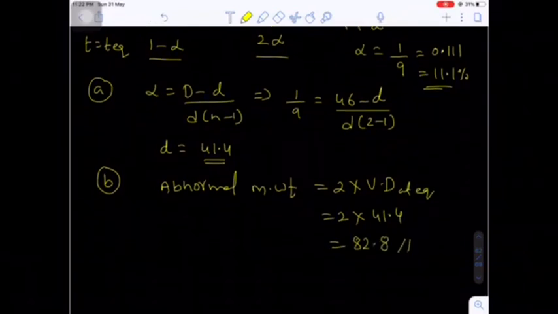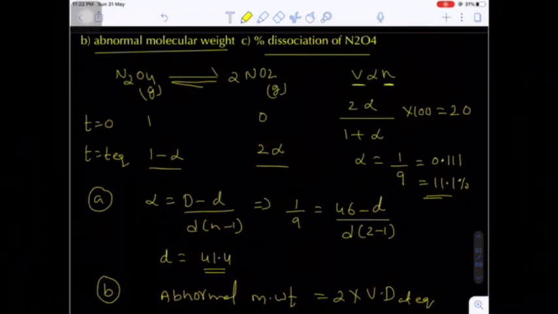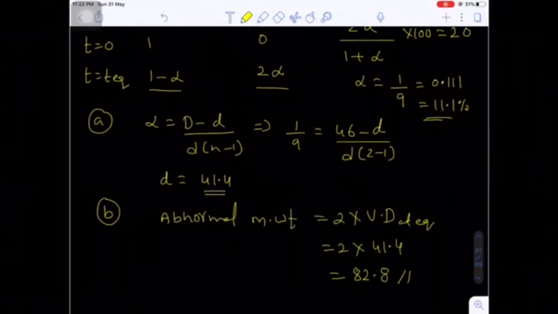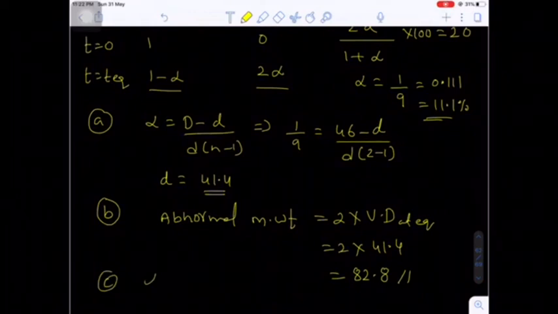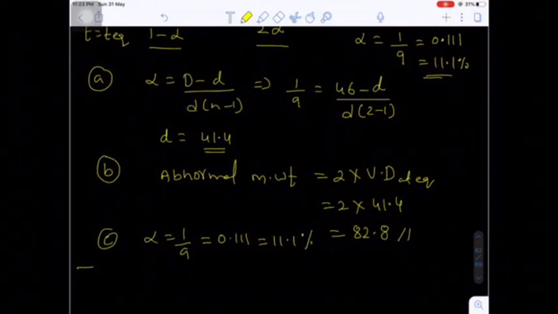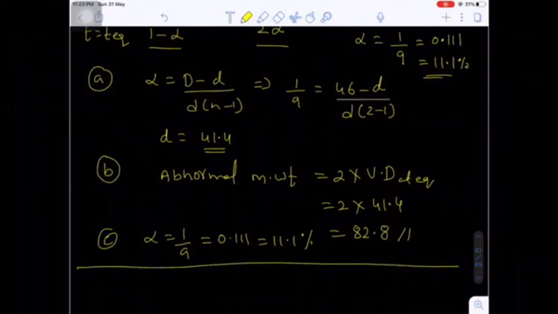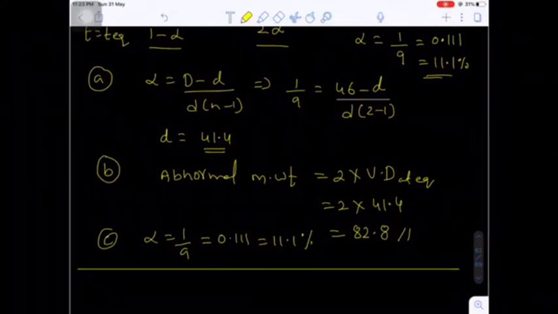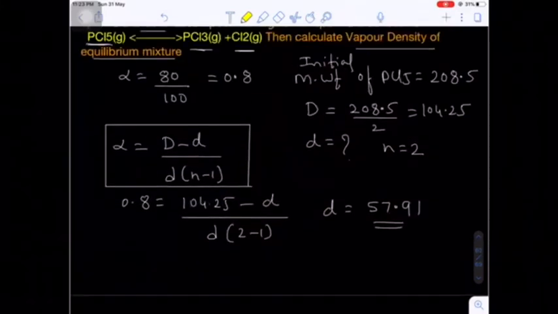So 82.8. And the third question, percentage of decomposition. Already we know alpha is equal to 1 upon 9, which is 0.111, which is 11.1%. So this is the calculation of degree of dissociation and vapor density problems.